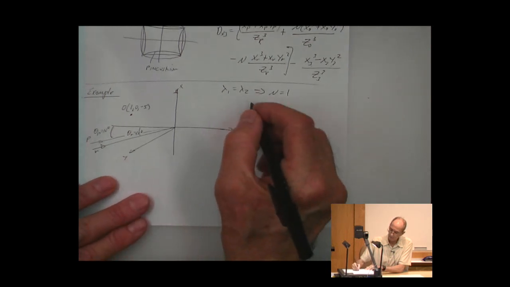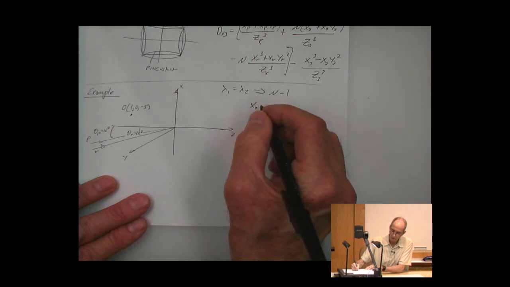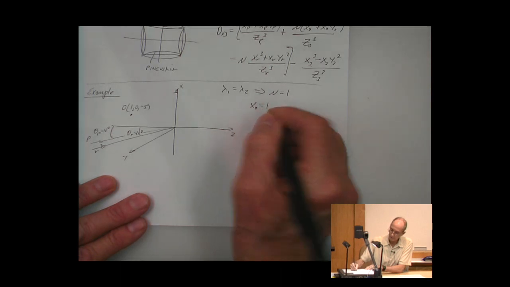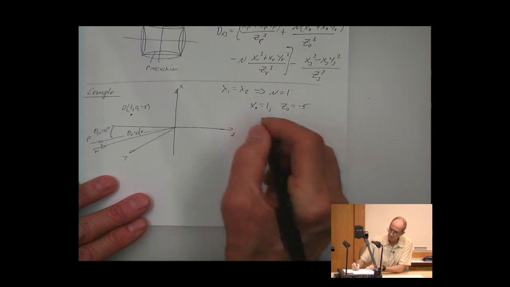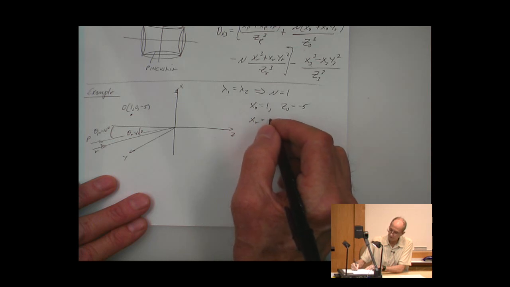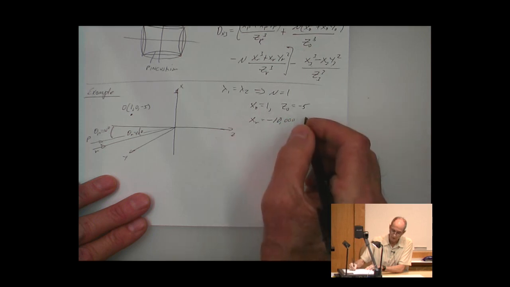So we have x0 equals 1 and z0 equals minus 5. We have xr, plane wave, so we're going to set that to infinity in the negative z direction. So we have minus 10,000 for zr.